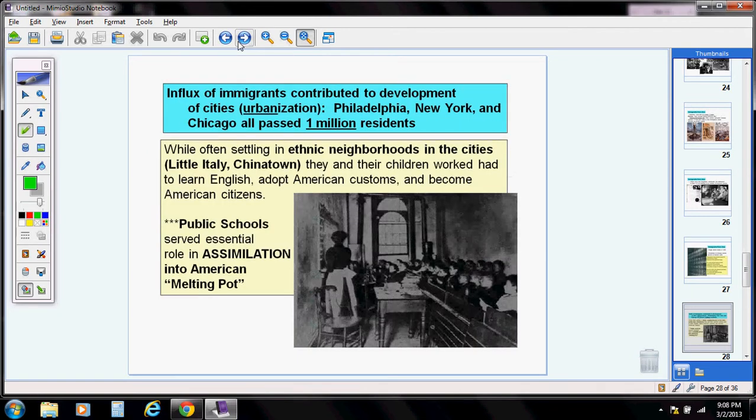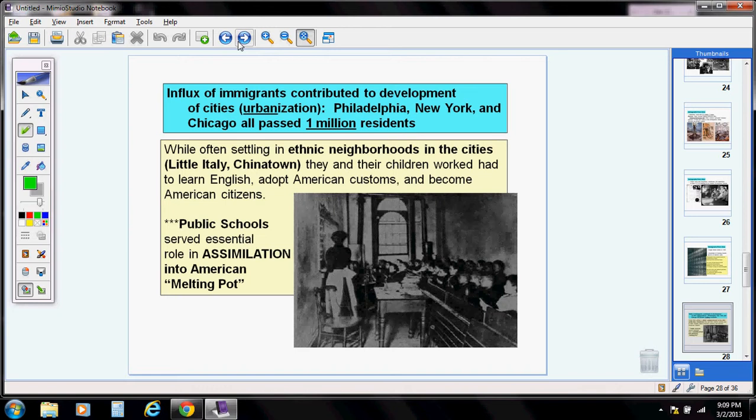The influx of immigrants will contribute to the development of cities, which is known as urbanization. New cities like Philadelphia, New York, and Chicago all will surpass 1 million people. Oftentimes new immigrants would settle in ethnic neighborhoods like Little Italy and Chinatown, and they and their children will work to learn English, adopt American customs, and become American citizens.